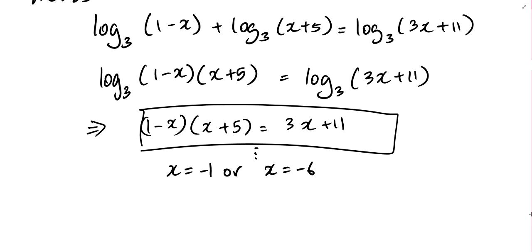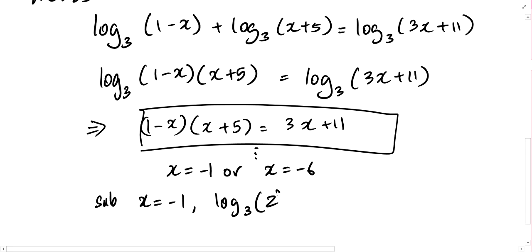So sub x equals -1. Then we see that log base 3 of (1 minus -1), which is 2. Log base 3 of 2. Is this a valid logarithm? Yes, it's valid. Then plus log base 3 of (5 minus 1), which is 4. Is it valid?